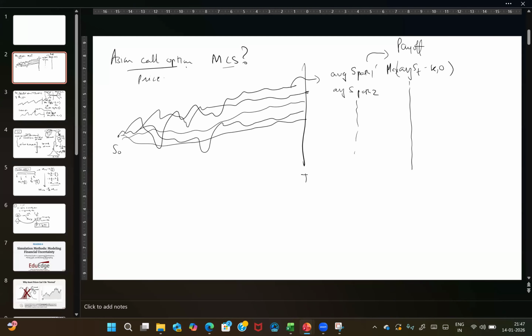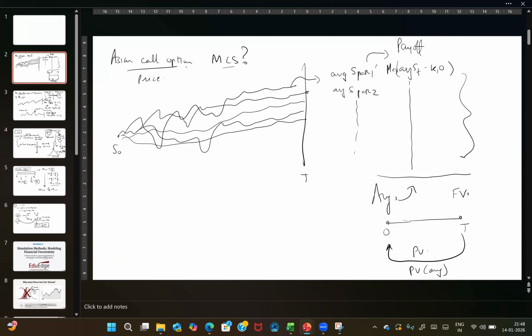Once you calculate the payoffs for each of the paths, you will have to eventually take the average of all these values, and that average will give you the future value of the Asian call option at maturity. But if I say what is the value today, you need to discount this back or take the present value of that. So present value of the average of all these payoffs is going to give me the price of the option today.